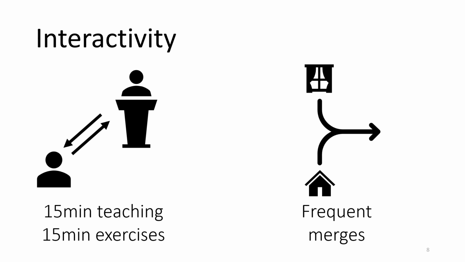To work against this habit, we made the courses super interactive to make students realize that they should not be spending a lot of time on one activity without thinking about the big picture. So first, the theory course had a kind of extreme form of interactive exercises where at any given lecture, there were at most 15 consecutive minutes of teaching, followed by 10 to 15 minutes of exercises, and then more teaching, and then more exercises, and so on.